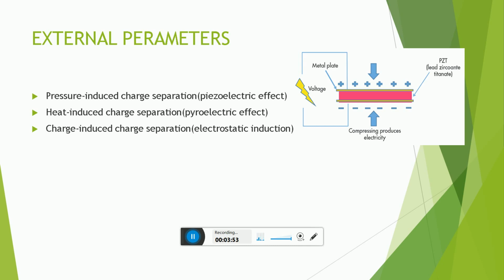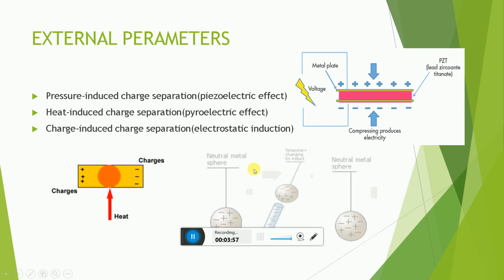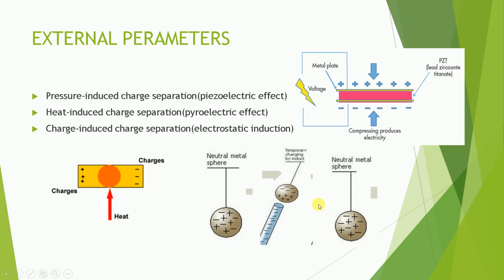Then heat induced charge separation and charge induced charge separation. This is heat induced charge separation, and this is charge induced charge separation. If you see in this diagram, initially the ball is neutral.